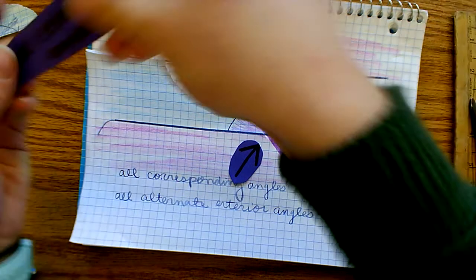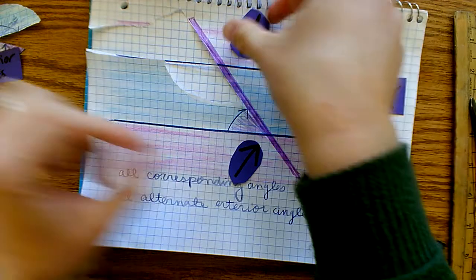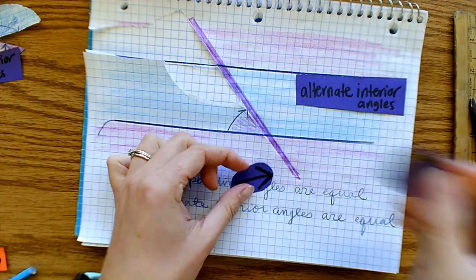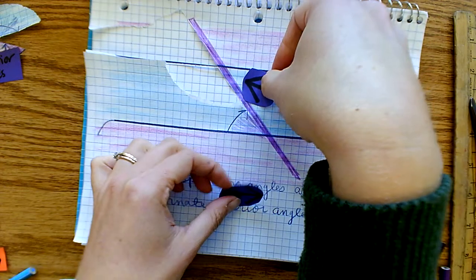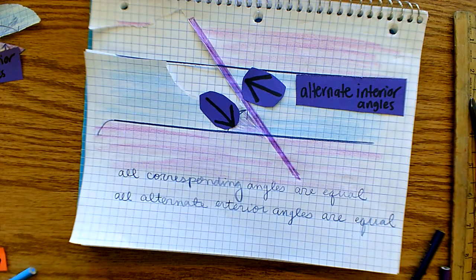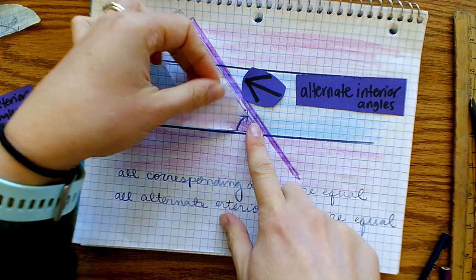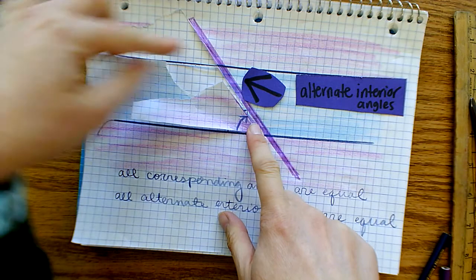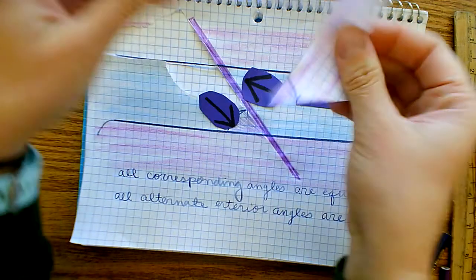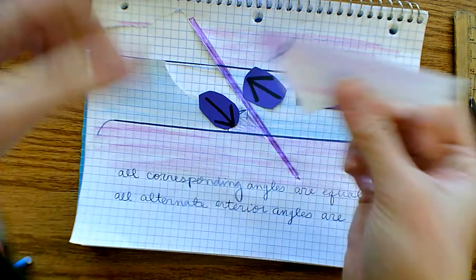Now, what about our alternate interior angles? Which ones were those? Well, we know that they're in the interior space. They're on opposite parallel lines, and they are on opposite sides of the transversal. So what do we see about those two? Well, remember that this angle is the same as this exterior angle, and this one was the same.